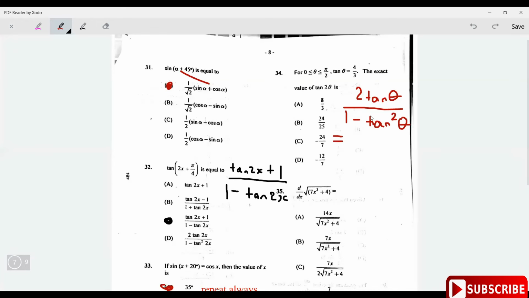So what we're going to get is 2 times the tan of theta. The tan of theta is 4 over 3.